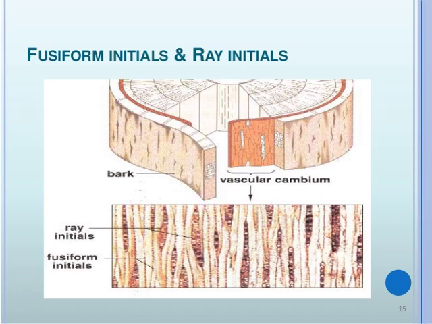On the other hand, the ray initials are very much smaller cells, as indicated in this slide. They are almost isodiametric, and the cells of vascular rays, which are oriented horizontally in the organ or in the plant, develop from ray initials.